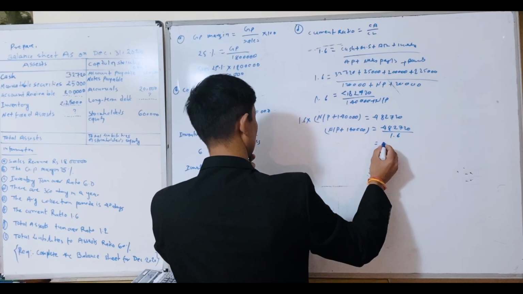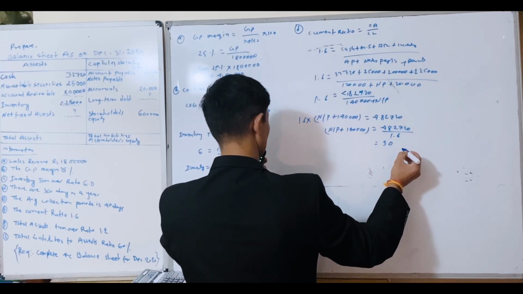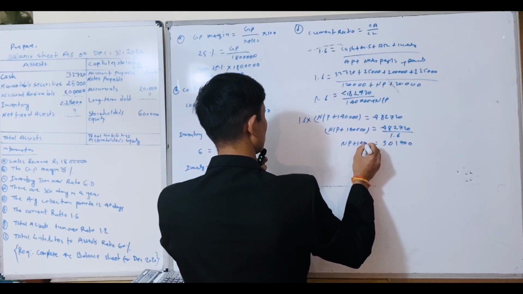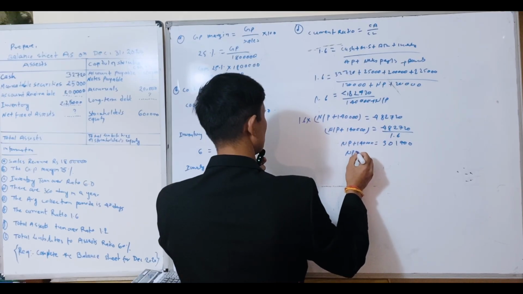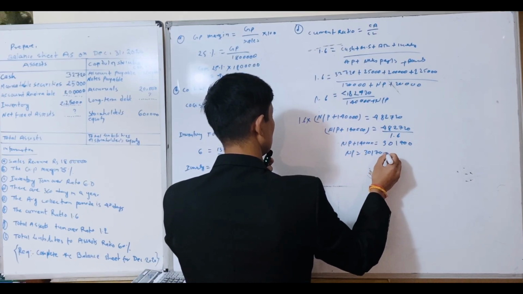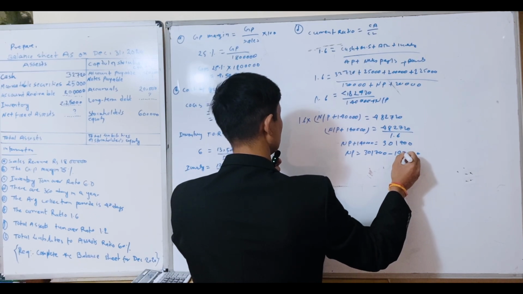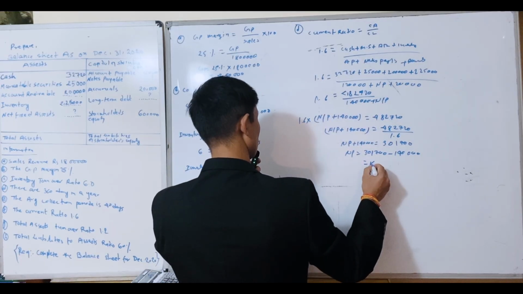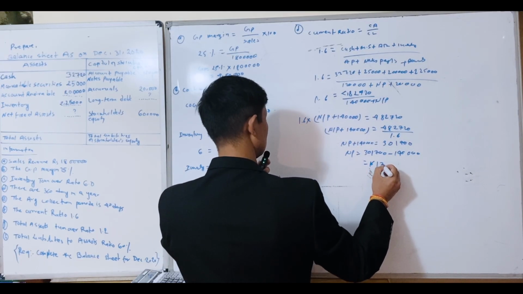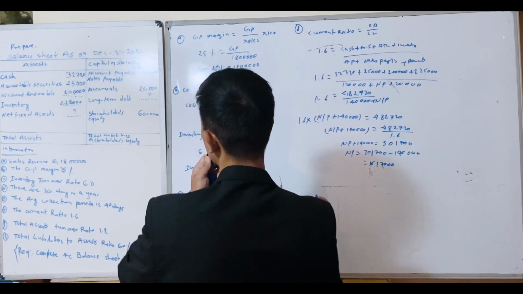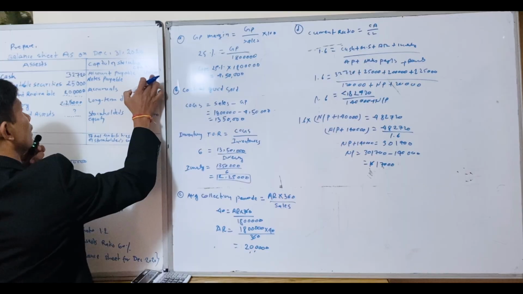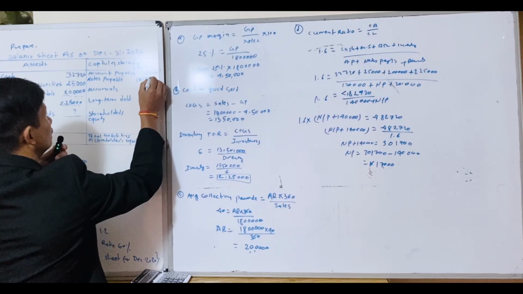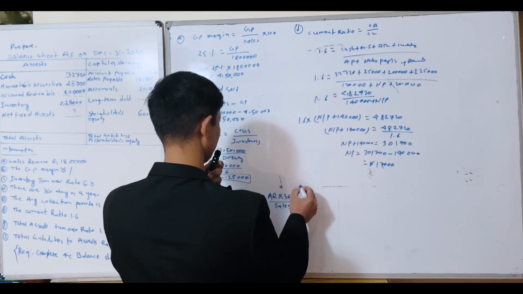We get figure 301,700. Notes payable plus 140,000. So in this way, notes payable is 301,700 minus 1,40,000. So we get 1,61,700 as a notes payable. Now let's go to next section.